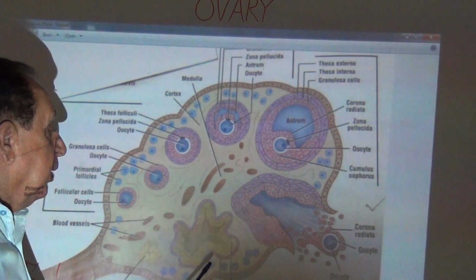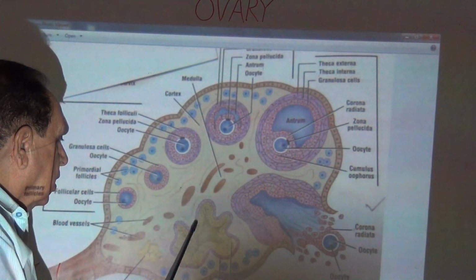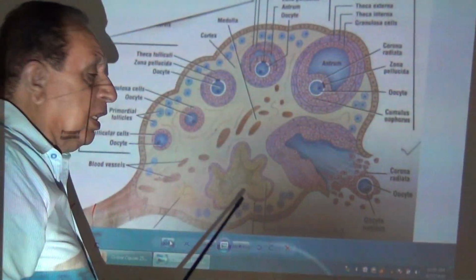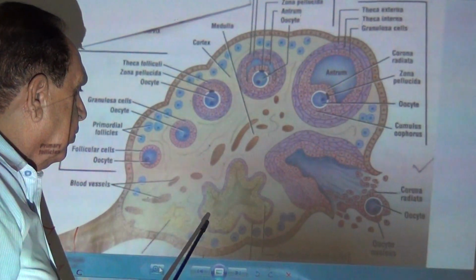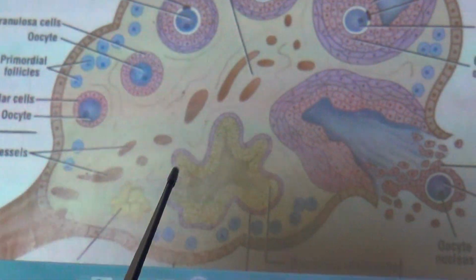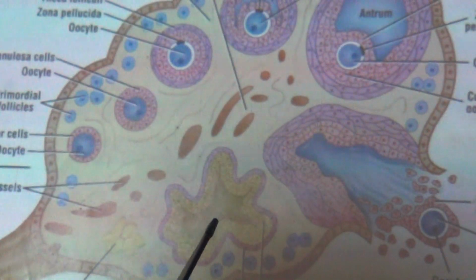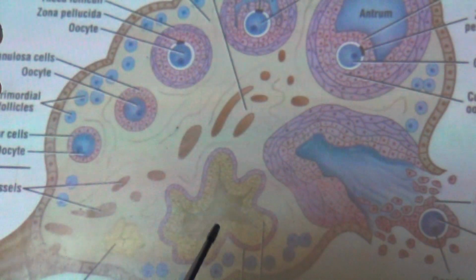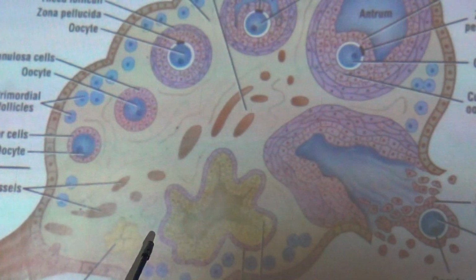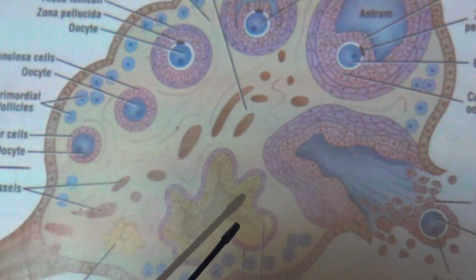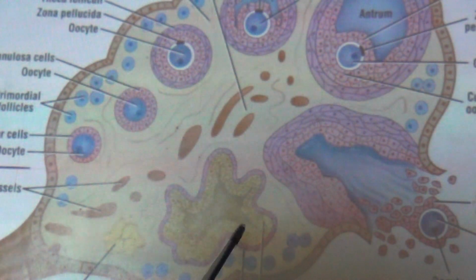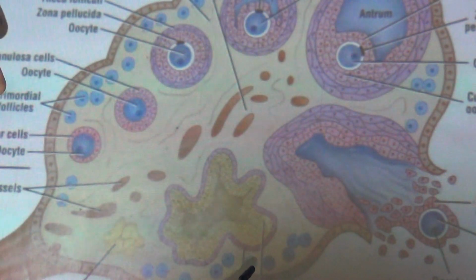Now the corpus albicans, its cells become degenerated, its connective tissue increases, and the fluid present inside is converted into gelatinous connective tissue, and this connective tissue increases.